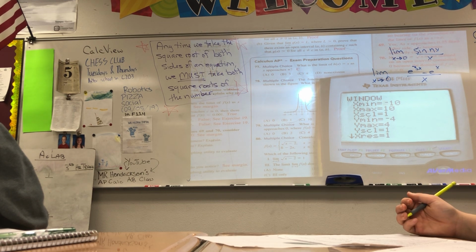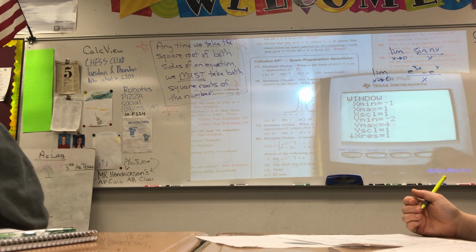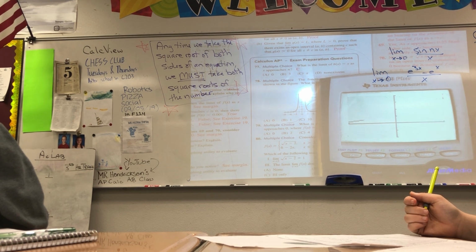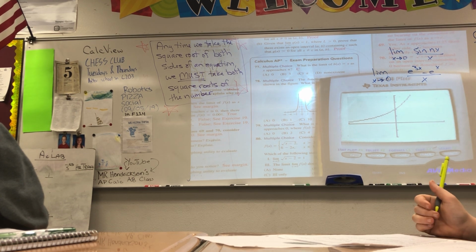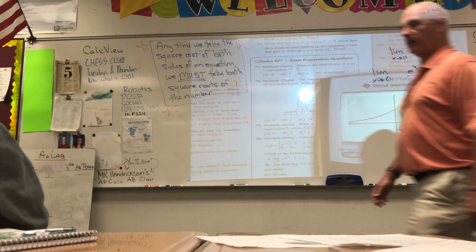I'm going to make my x min -1, my x max 1, and my y min -2 and my y max 4, just from what I saw. Did you do the same window I did?